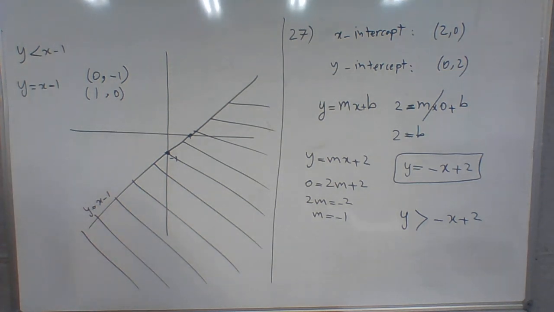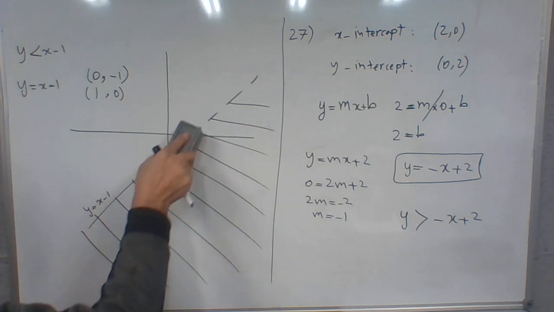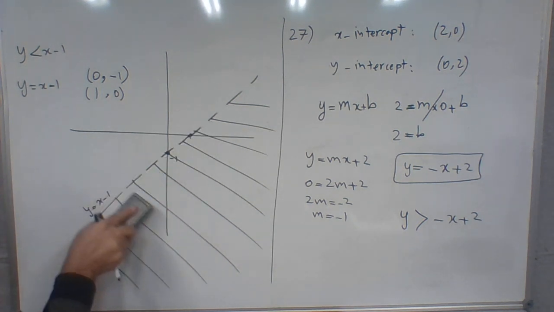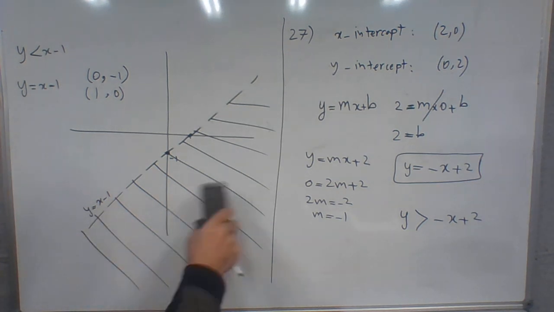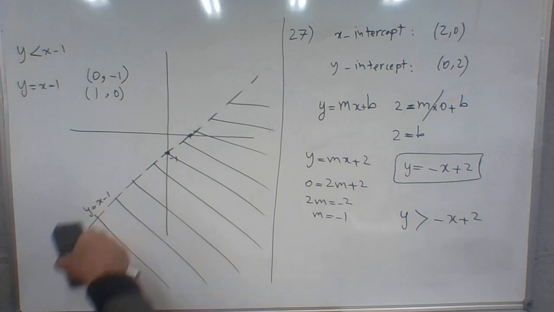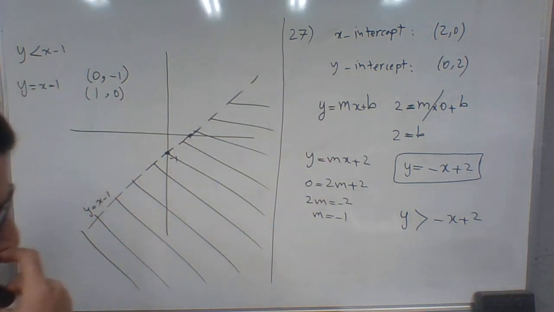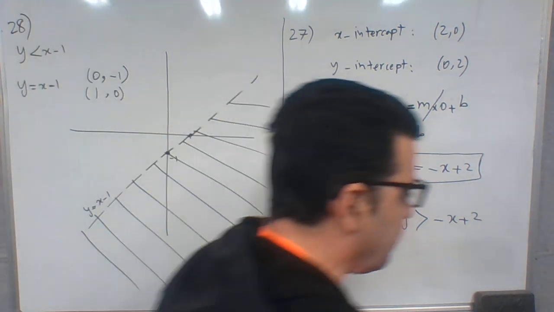It does not contain the points on the line. So in this region, I'm not including the line. Okay, that was problem number 28. Let's go to problem number 29.